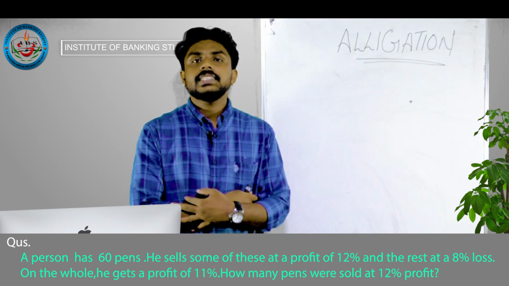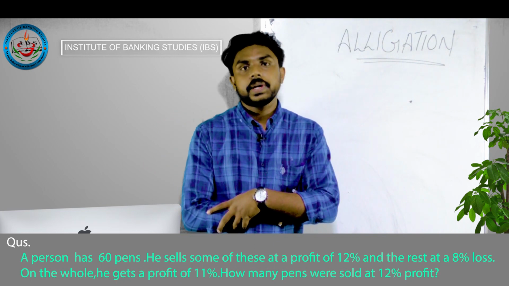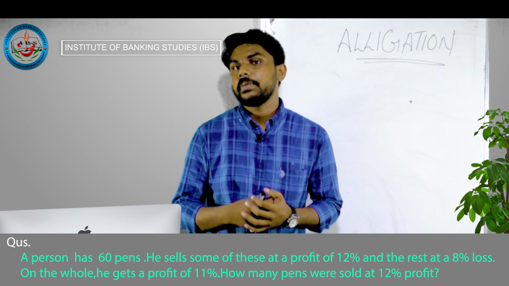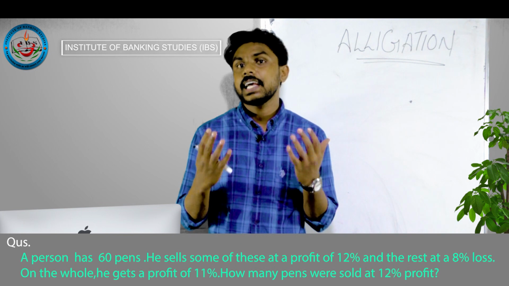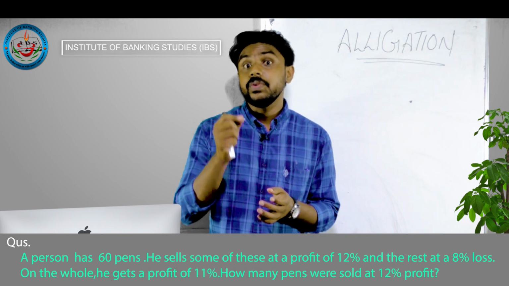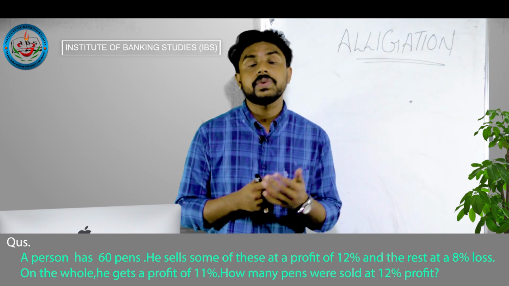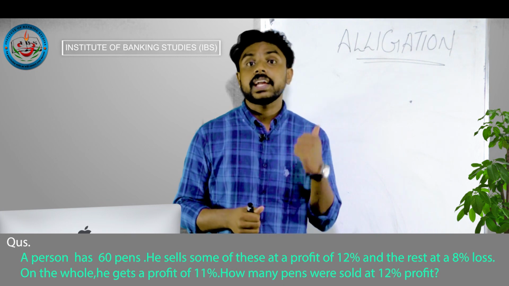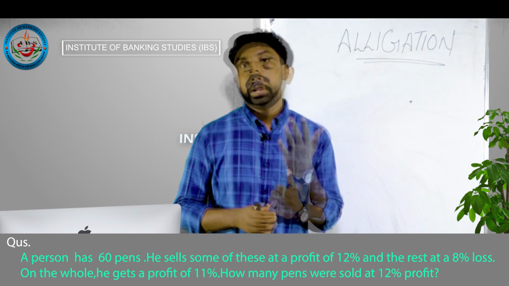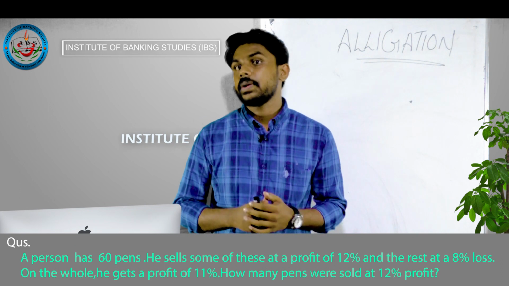We already know this can be done with the help of the profit and loss topic itself, but it may take some time. As a banking aspirant, we have to use less time for solving problems, so we can use allocation here. The introductory part is already discussed in our previous classes.